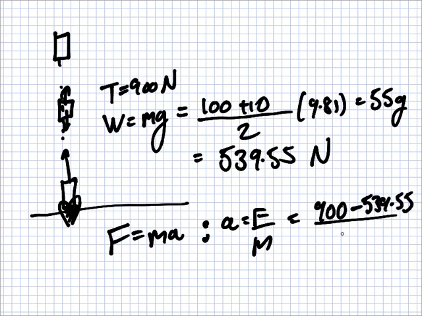And the mass is on average 55. So on average, what is the acceleration upwards, please? That's a 55, not 5.5. About 10 or 11, isn't it?